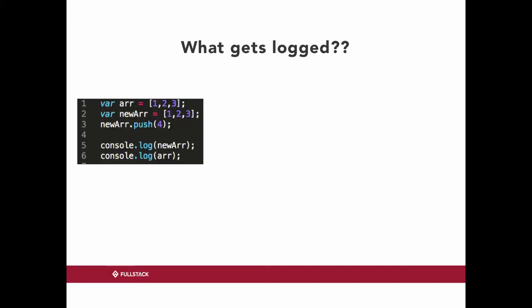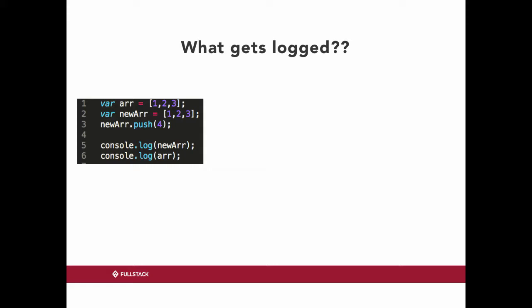Okay, so this is another example. We have a variable array, and it's an array of 1, 2, 3. We have another array, and they both are 1, 2, 3. Then we push the number 4 into the new array, so the second variable. What do we expect to console log out for new array?